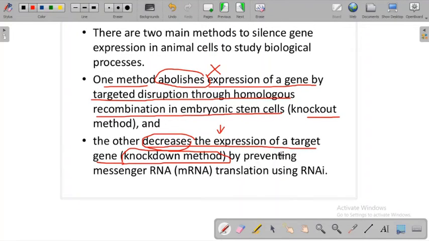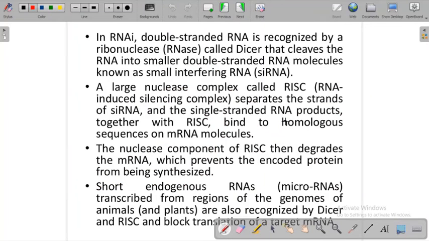So now, the knockdown of target gene expression is done by preventing messenger RNA translation using RNAi technology. Now let's see what is meant by RNAi. A double stranded RNA is recognized by a ribonuclease called Dicer. Dicer particularly recognizes this double stranded RNA molecule and cleaves it into smaller double stranded RNA molecules, and these are known as small interfering RNA, called siRNA.